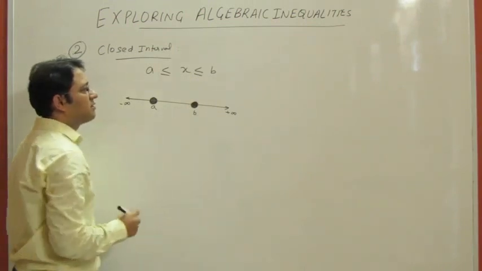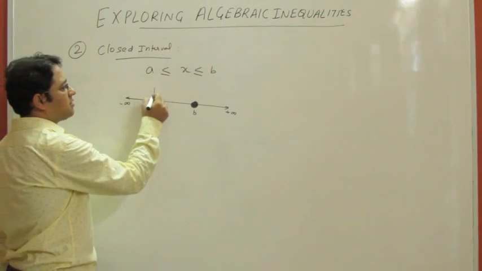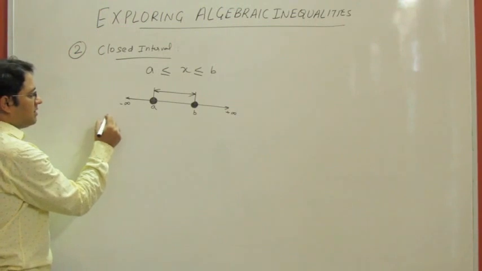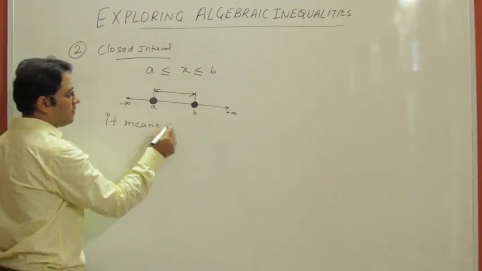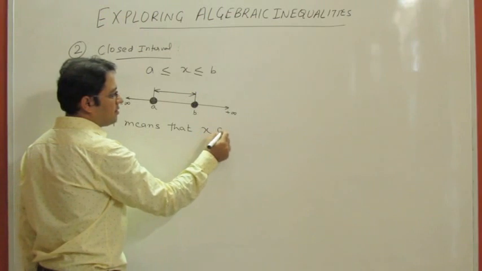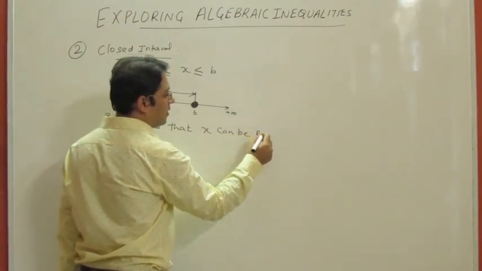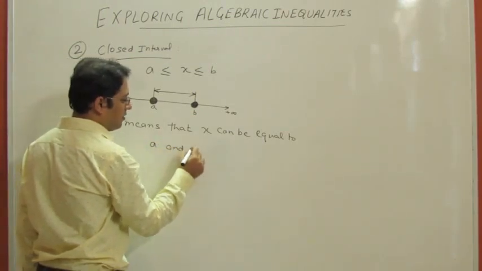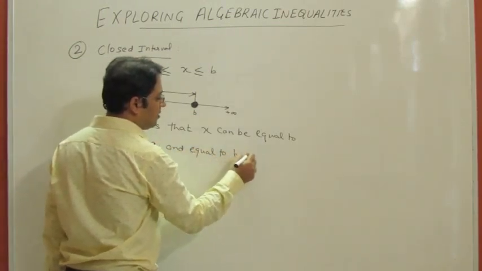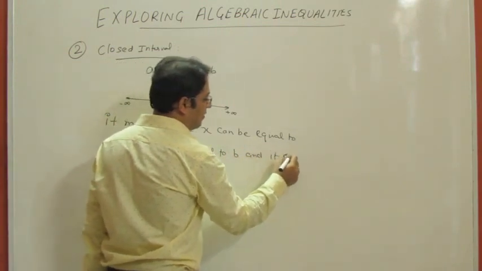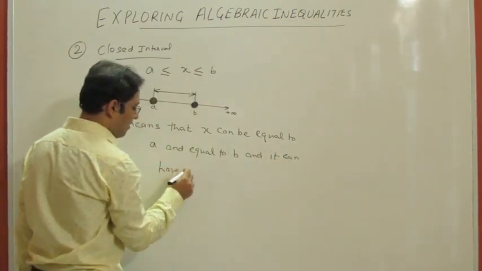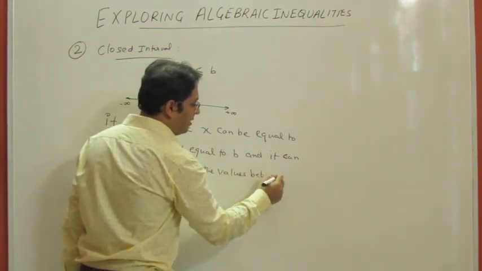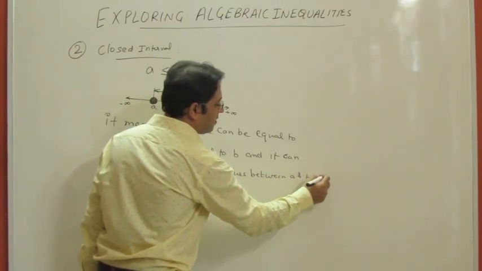So we represent it like this, and x consists of all the values that are in between a and b as well. So basically it means that x can be equal to a and equal to b, and it can have all the values between a and b as well.